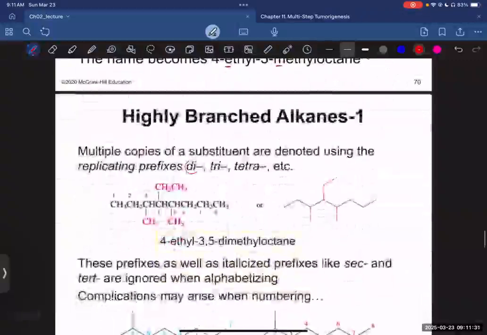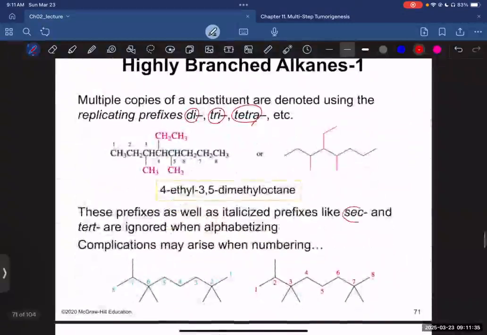And with regards to alphabetizing, like I said, prefixes like di, tri, tetra, or sec and tert aren't going to be considered, but iso is actually going to be considered when alphabetizing with regards to the IUPAC group. So that's the only one that's going to be considered, and every other prefix, such as these, is not.